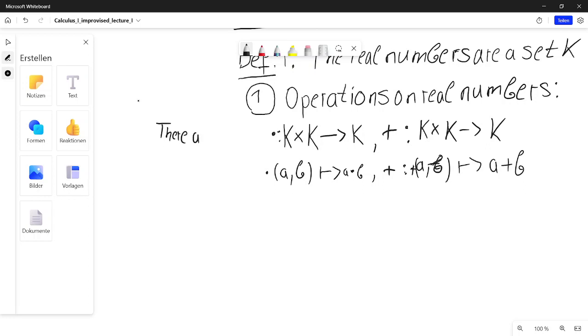Let's make a proper sentence out of it. And enjoying the following properties.